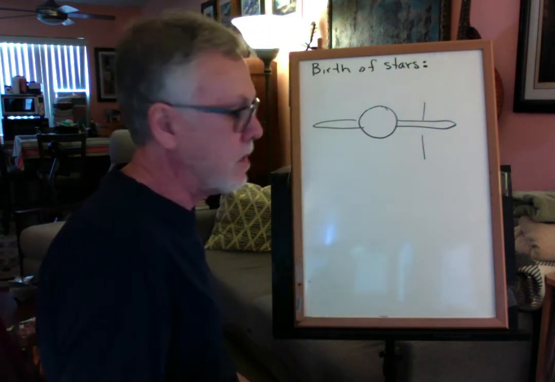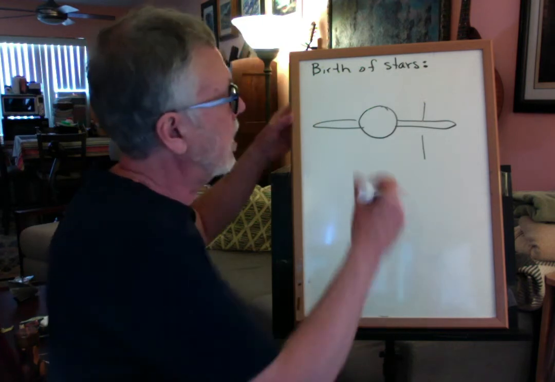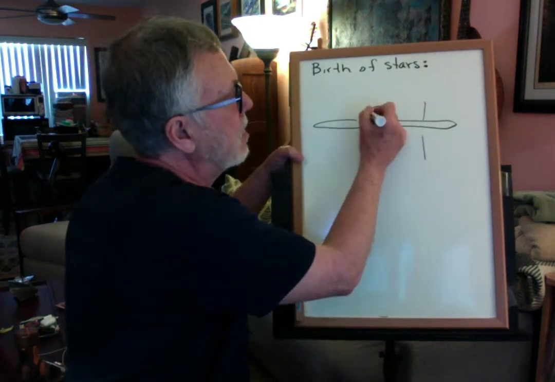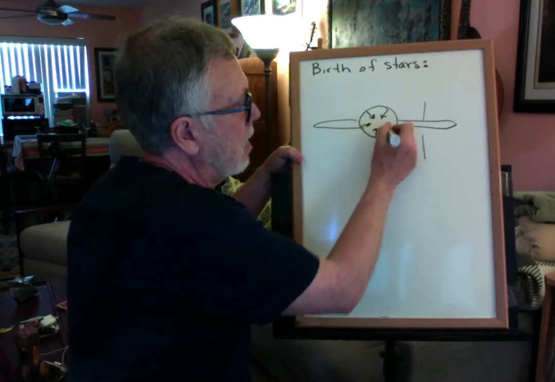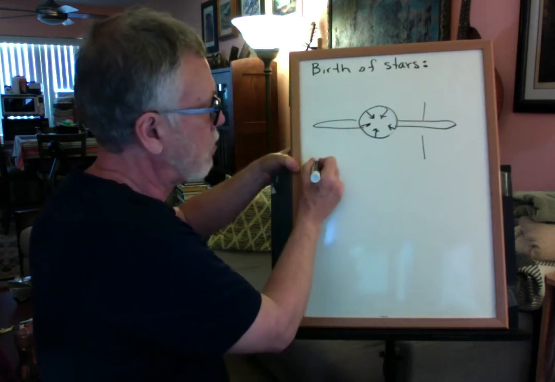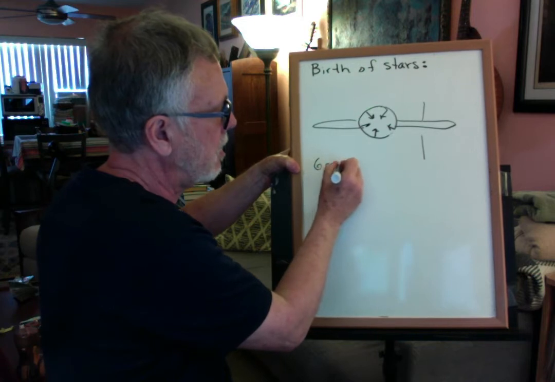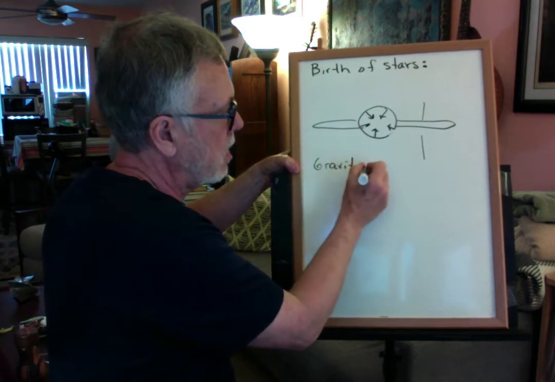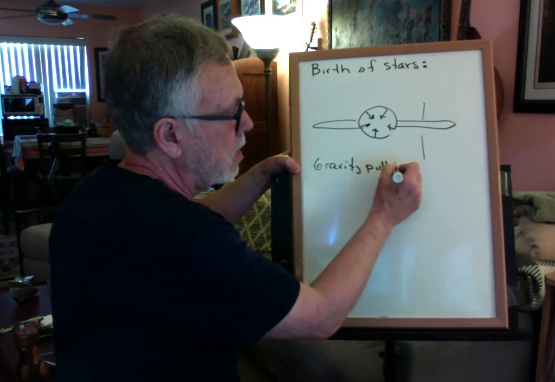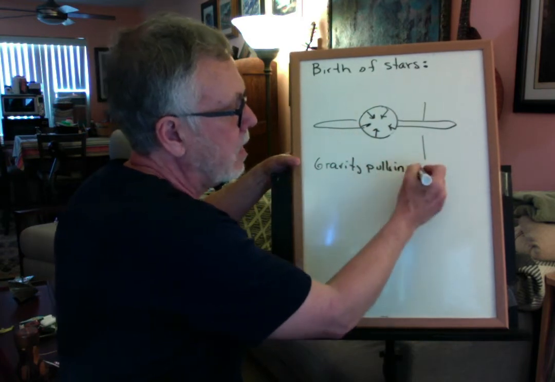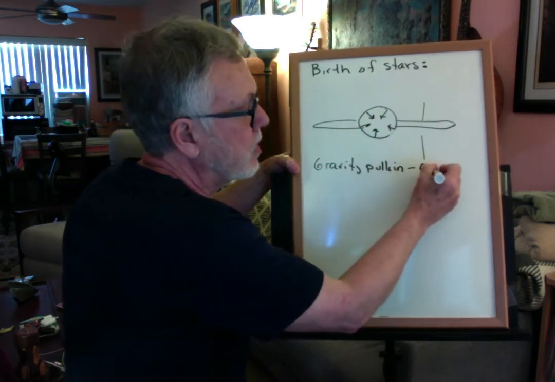And so what happens? This whole process of this thing collapsing down is one of balance. Gravity's pulling it in, wanting to collapse down, but the energy flows out.